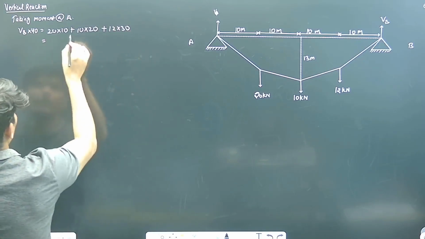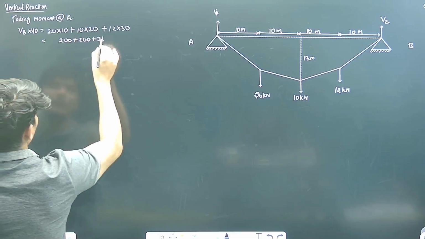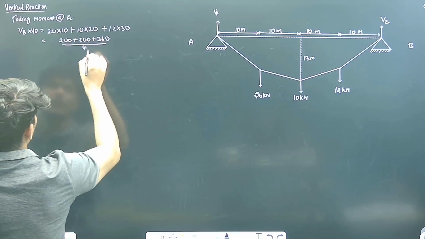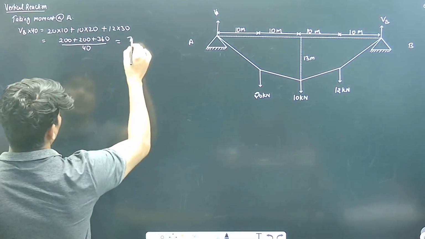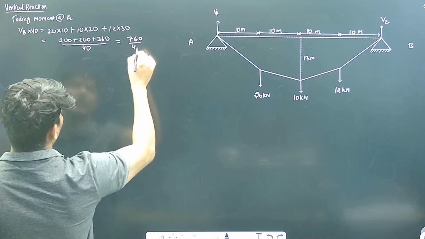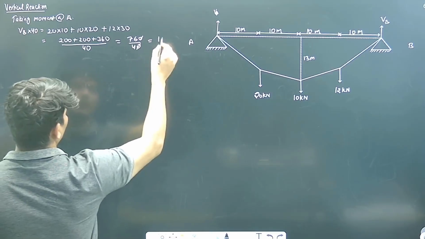That is 200 plus 200 plus 360, 760 by 40. The 0 gets cancelled out, so it's 19 kilonewton.